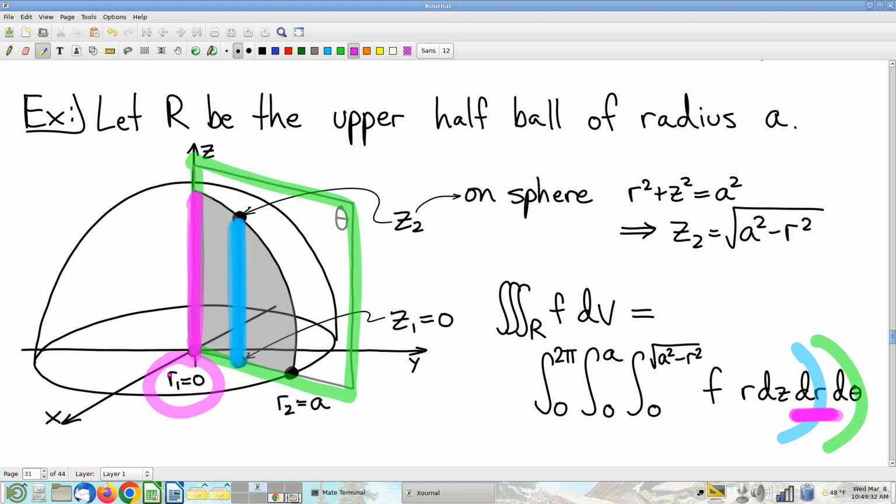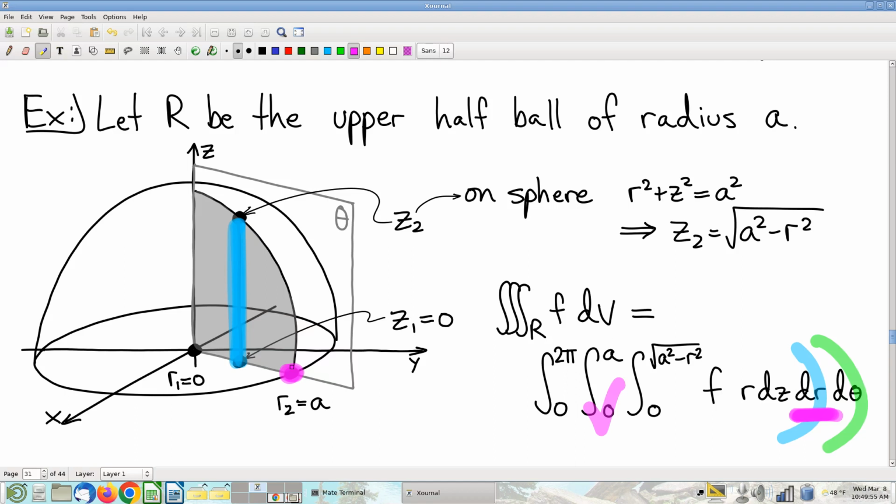Well, we're on the z-axis. That's where r is equal to 0. And then, what's our last value of r? Well, I knew that was going to happen. The last value of r is going to be this real short little thing right there. And now we have to keep in mind what we know about this domain.